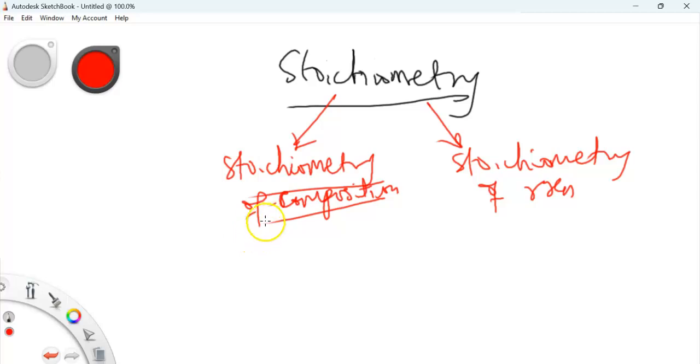Stoichiometry of composition is a kind of stoichiometry that involves only one chemical substance.